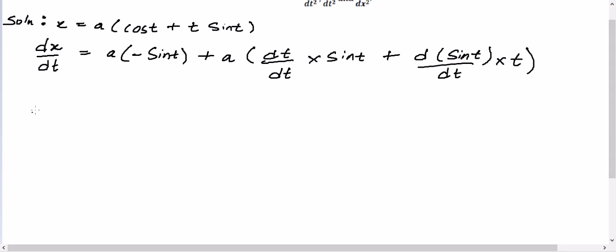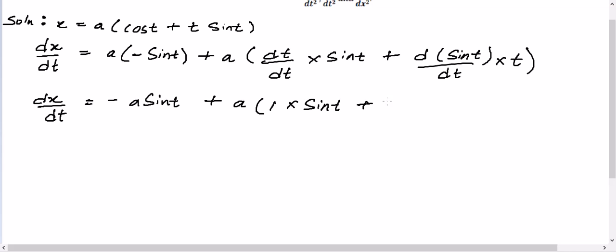Okay, so dx by dt is equal to minus a sin t plus a, this will be 1 into sin t plus the derivative of sin, which is cos t, into t.